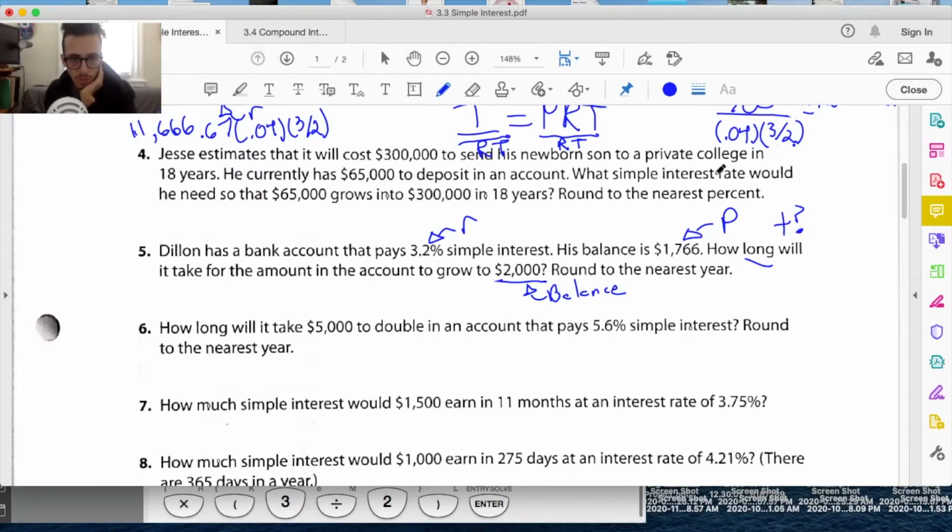So let's see, we have quite a bit of work here. Okay. Well, let's think. If we were going to get a hold of our interest, we don't necessarily know it, but we know that if we're starting at 1766 and we're ending at 2000, our interest should be equal to the difference, which would be 2000 minus 1766.